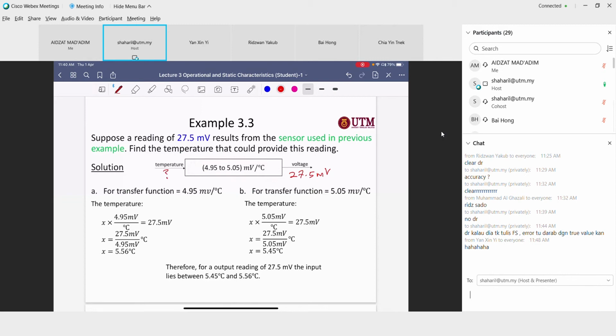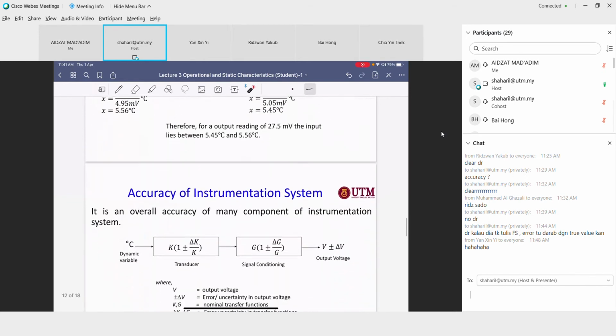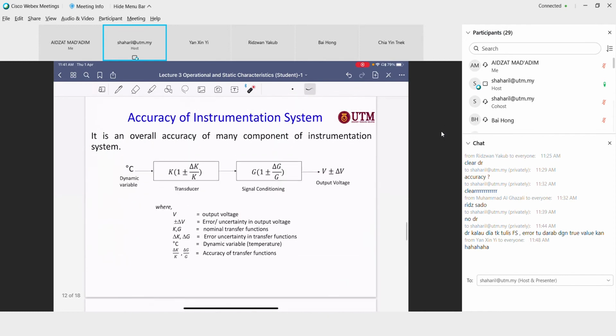This one is X. You multiply it with this transfer function, then you get this reading, then you can find X. Where is X? Here. This is X. That is quite simple.